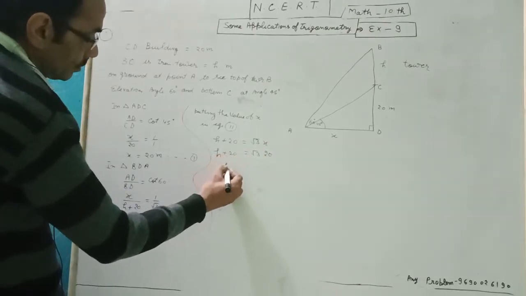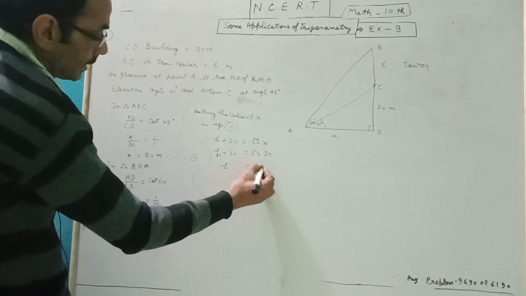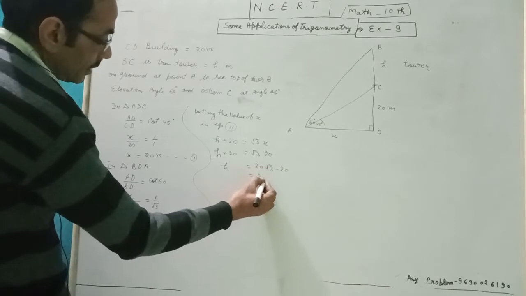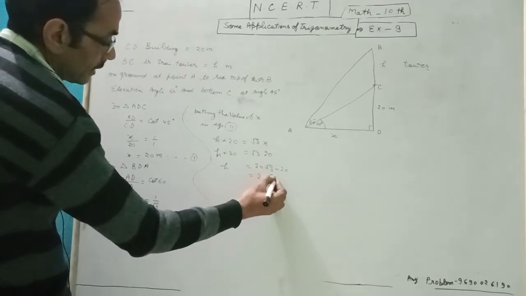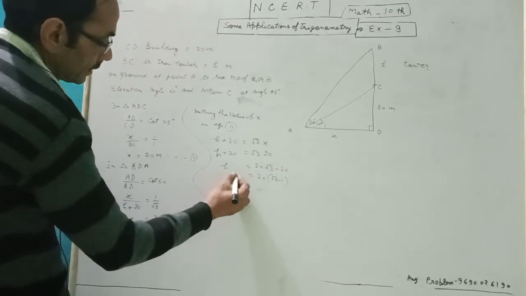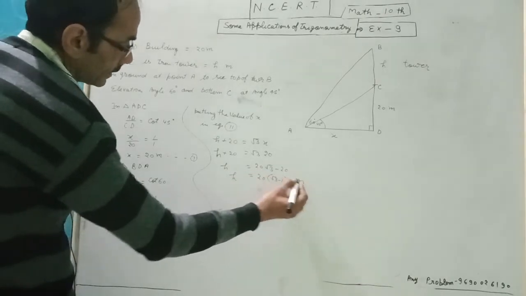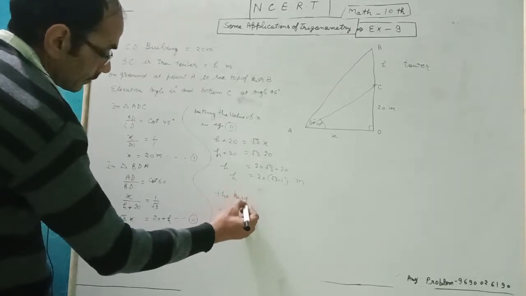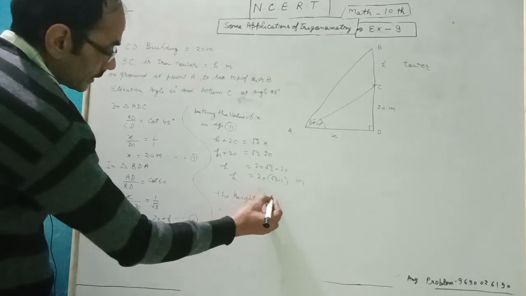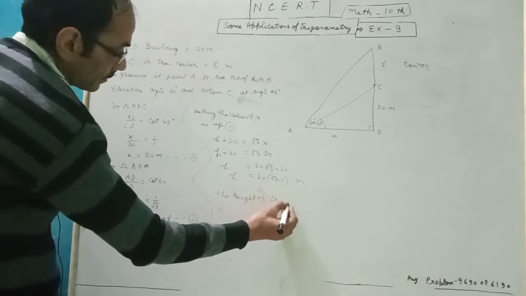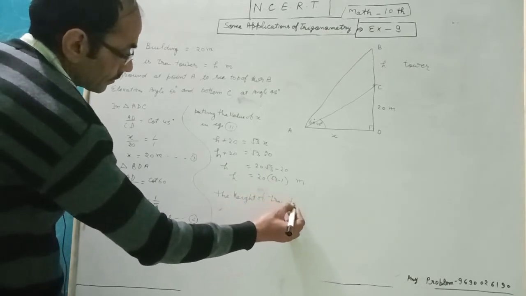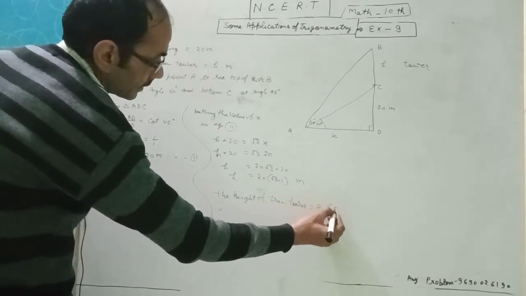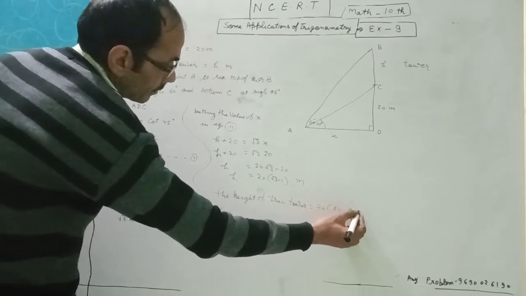H is equal to 20 under root 3 minus 20. After taking 20 common, under root 3 minus 1, the height of the transmitter tower is equal to 20 bracket under root 3 minus 1 meter.